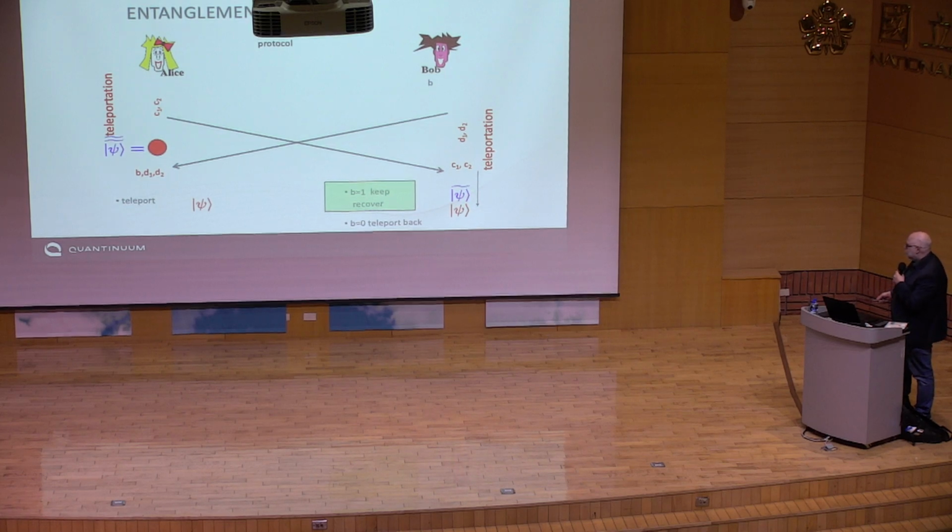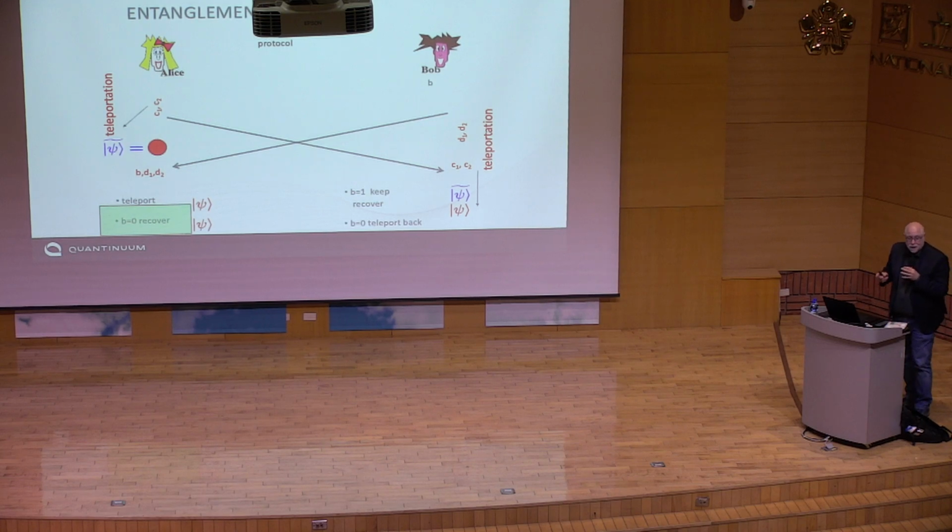On the other hand, if B was 0, then Alice has this psi double tilde, which is now doubly encrypted. And from the message she got from Bob, this D1, D2, she can change psi into psi tilde. And from the message C1, C2 that she made a copy of herself, she can change it into psi. And so this is a way of breaking that protocol that we just looked at.